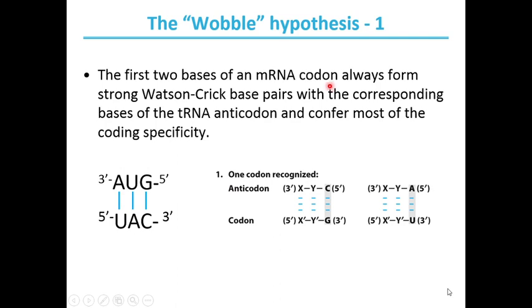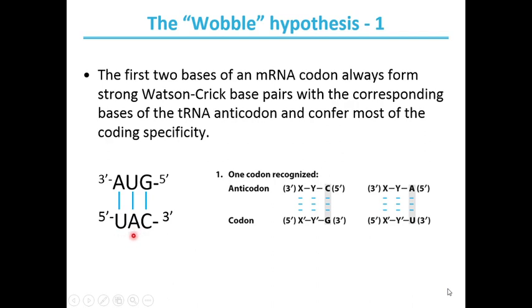The first wobble hypothesis states that the first two bases of an mRNA codon always form strong Watson-Crick base pairs with the corresponding bases of the tRNA anticodon and confer most of the coding specificity. The first two bases of the mRNA codon are U and A in this case.